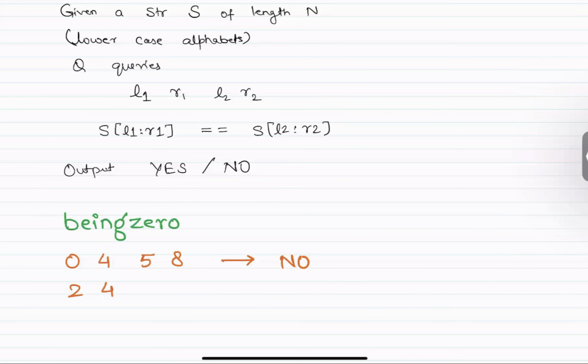Okay, I'm extending the string a little more so that I can have a few more queries. What is the answer to this query?